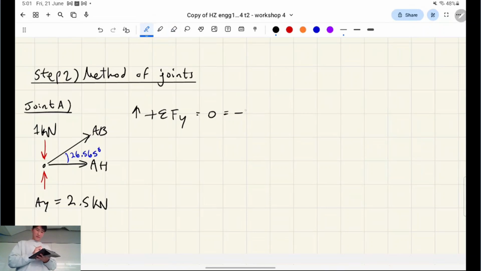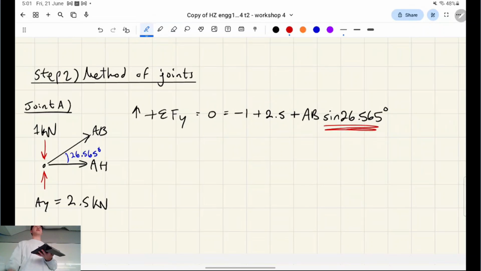So we do the -1 point load going down, the reaction going up, and now we just consider the vertical component of AB, right, which is AB multiplied by sine 26.565, right? Okay, and are you guys familiar with how to solve this on the calculator? You move this stuff to the other side, and then you can divide by the sine angle, right?